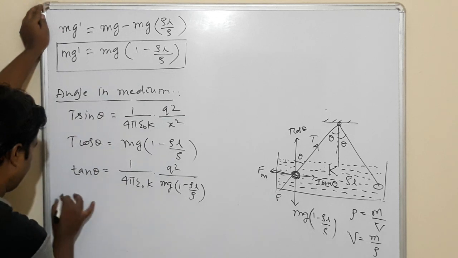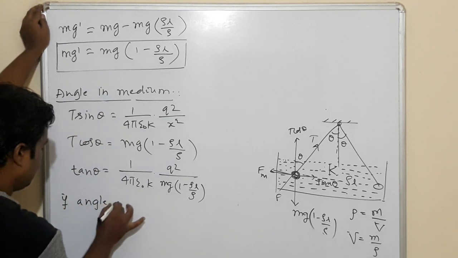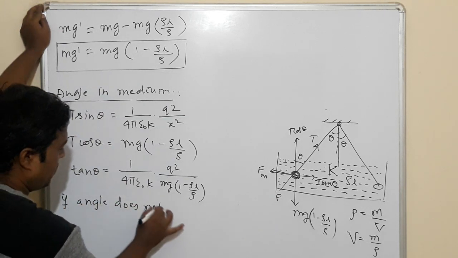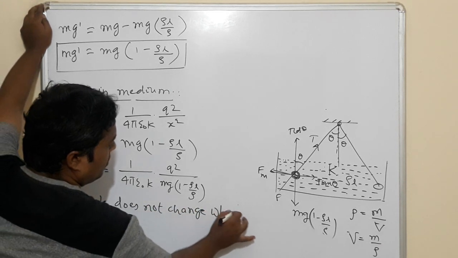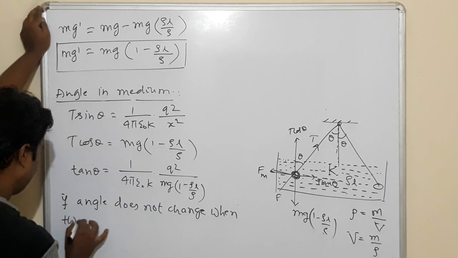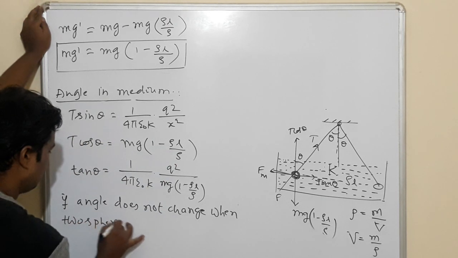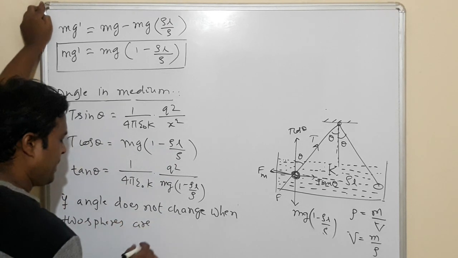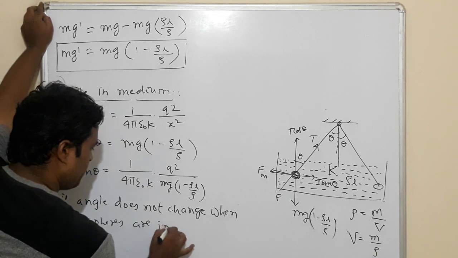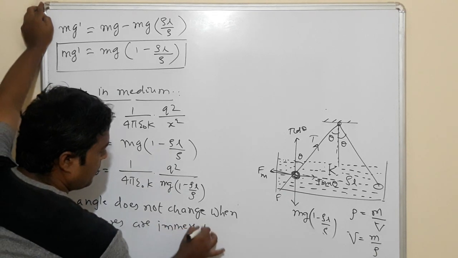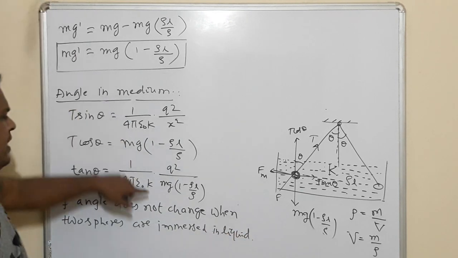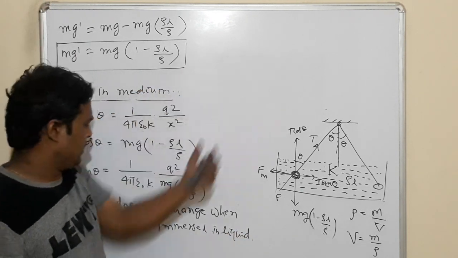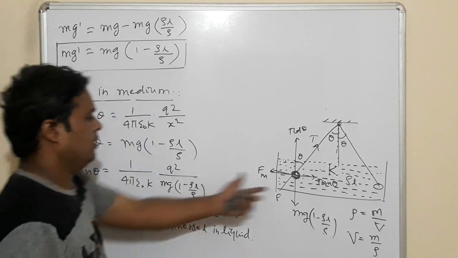See, if the angle does not change when two spheres are immersed in liquid, that means the angle in air medium will be equal to the angle in the liquid.